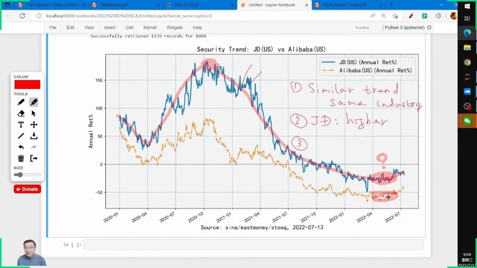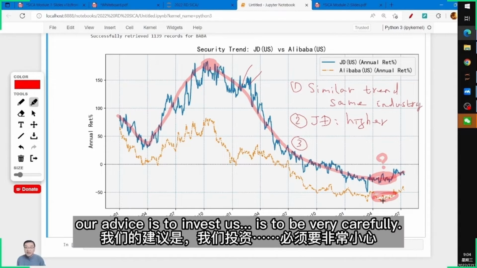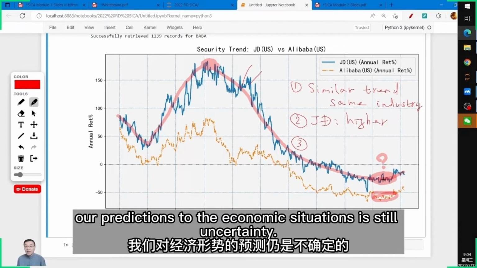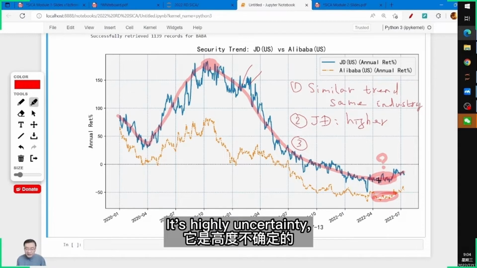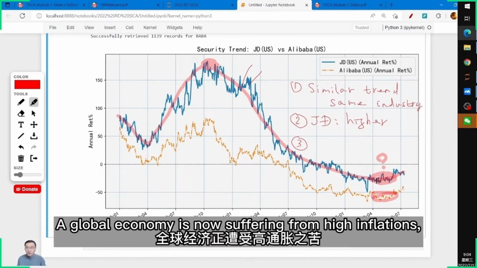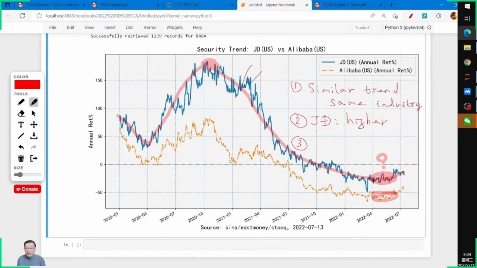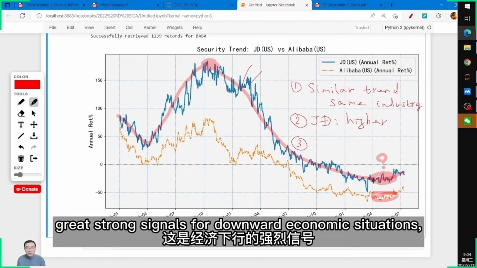So our advice to investors is to be very careful, because our predictions of the economic situation are still uncertain. It's highly uncertain globally. The global economy is now suffering from high inflation, with strong signals of a downward economic situation.